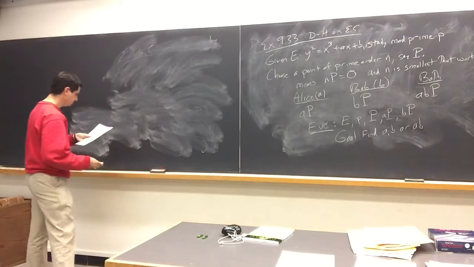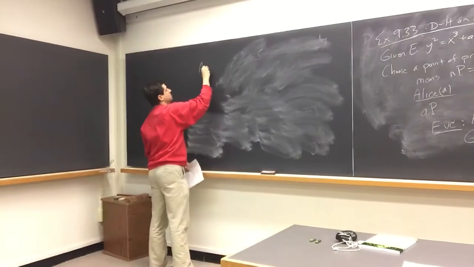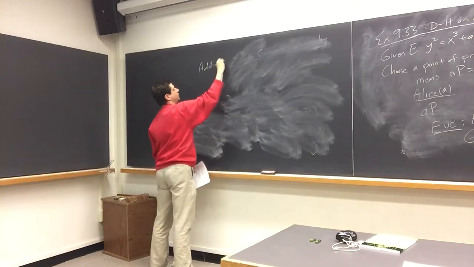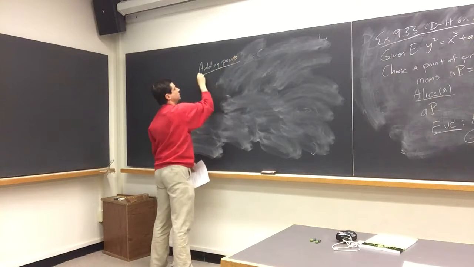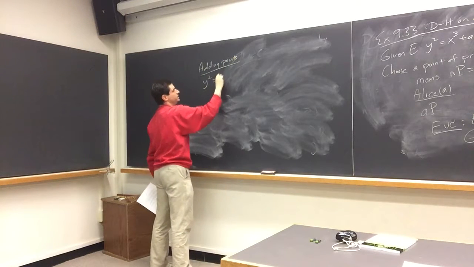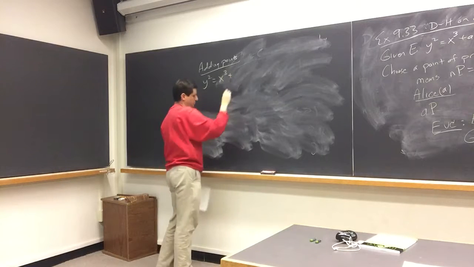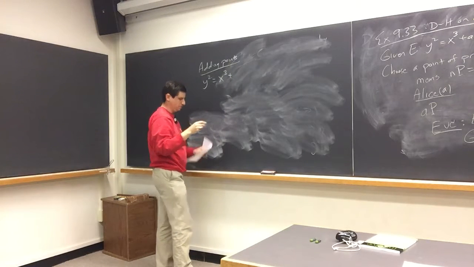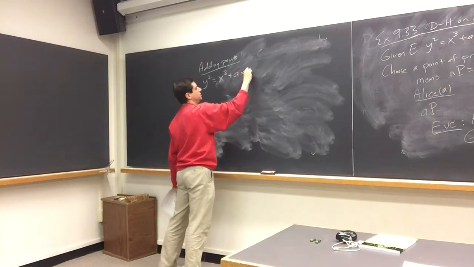So, adding points. We'll have y squared is x cubed plus ax plus b.